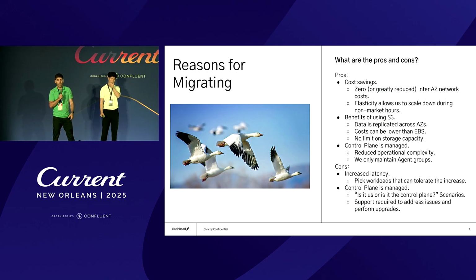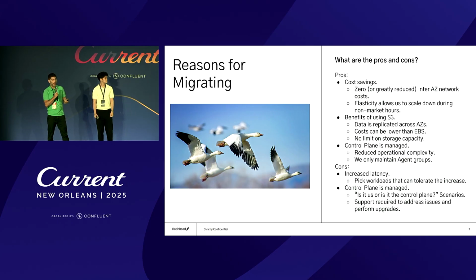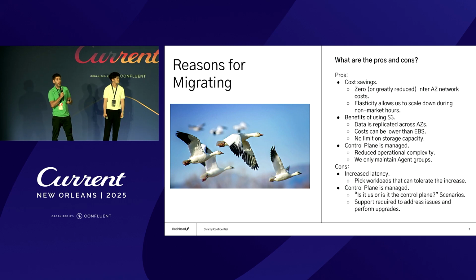Ethan already mentioned that we want to bring down inter-AZ costs, and WarpStream is primed to let us do this because we use S3 as our storage layer. We don't really have to worry too much about how the data is replicated. S3 takes care of that for us. Again, in terms of cost, S3 can be cheaper than EBS. And finally, we don't have to worry about running out of storage, since S3 is pretty much infinitely scalable.